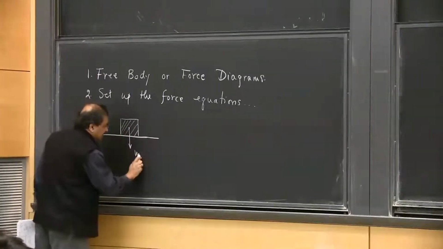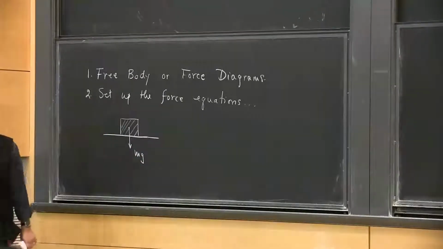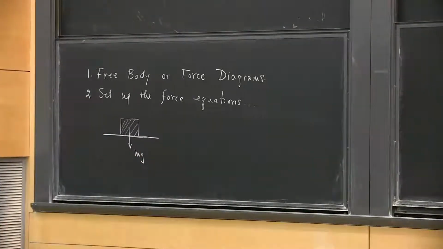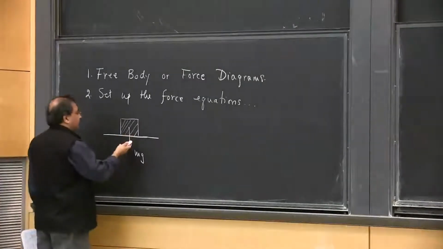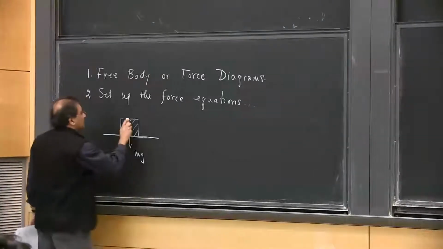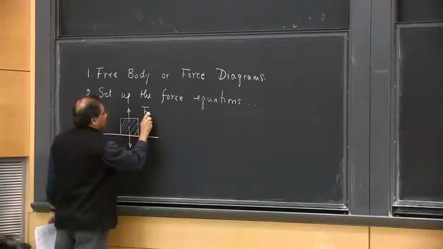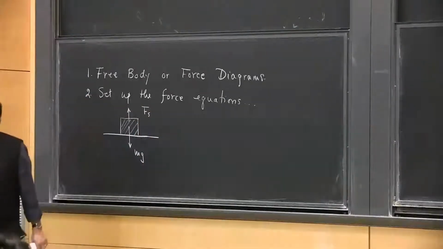and there is a downward force due to gravity that will be mg. I'm not putting in vector signs yet, but you can. So we know from Newton's third law that there will be a force coming from the surface, because the surface is supporting this block. So we will be able to write that there is an upward force. We can call it F surface for now. We can call it F normal.